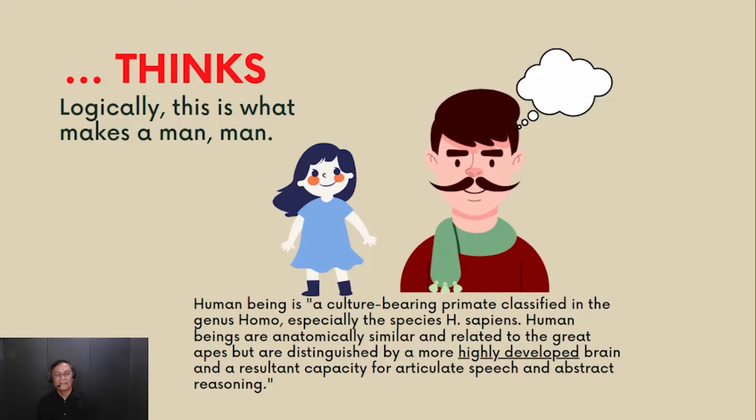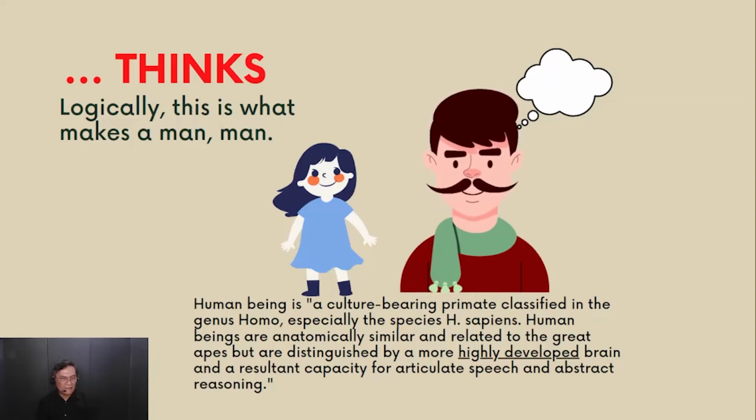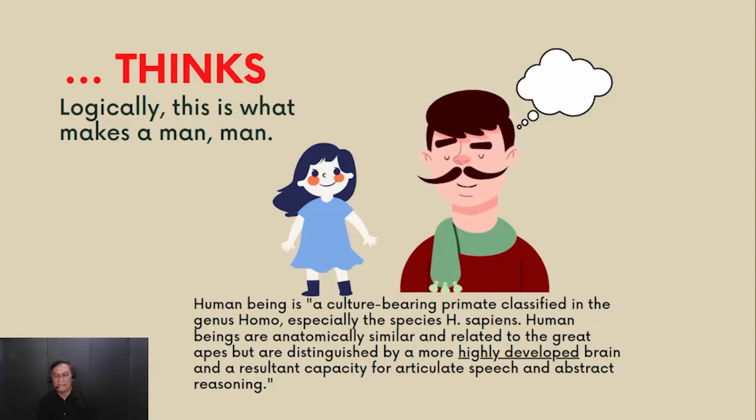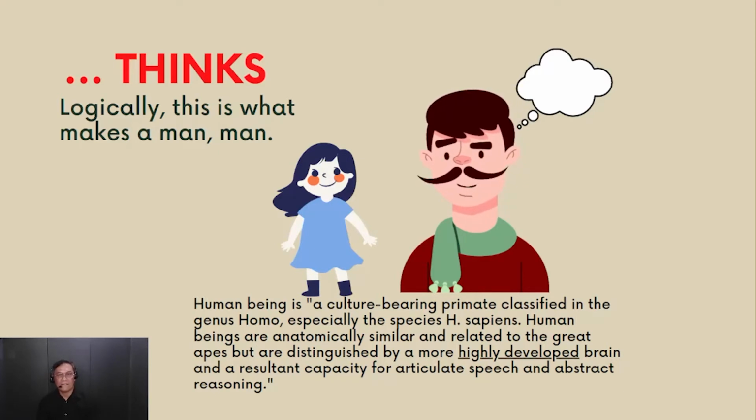What I'm trying to say is that the characteristic that defines the human person is that he or she is capable of thinking. We can find that in the definition of Aristotle also, when he said man is a rational animal, because what distinguishes us from the rest of the animal kingdom is that capability of rationalizing. And so we say that we now find the exact definition of man.